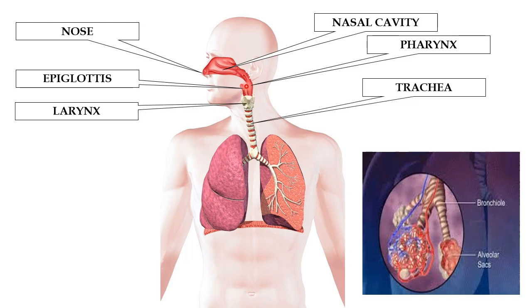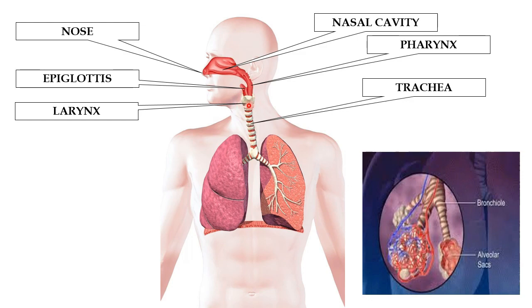This function is carried out by the epiglottis. So the epiglottis closes and opens. If it opens, it means there is food. If it closes, meaning there is air coming through. So it closes and the air goes to our larynx.